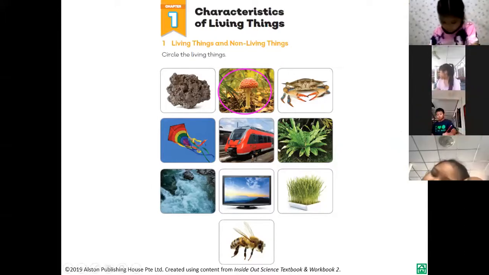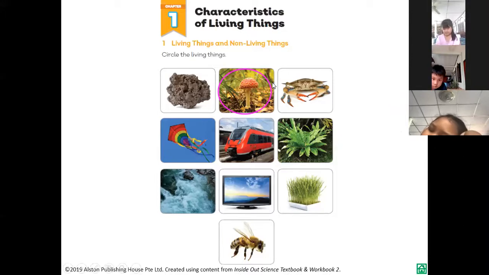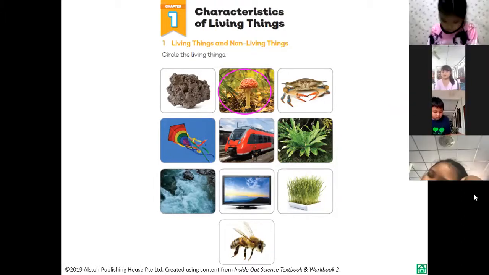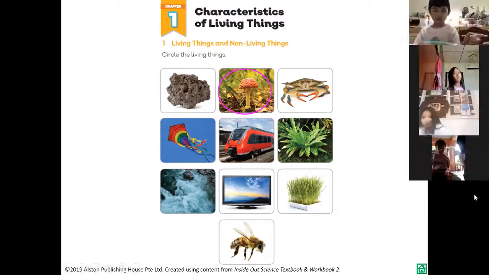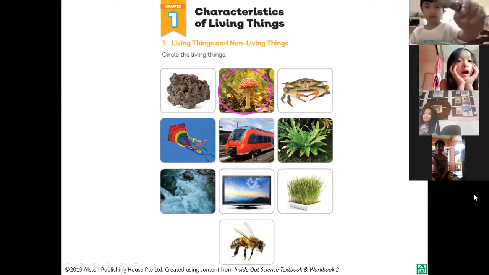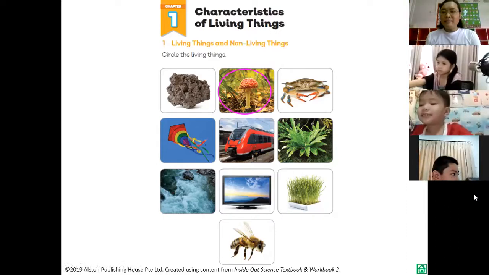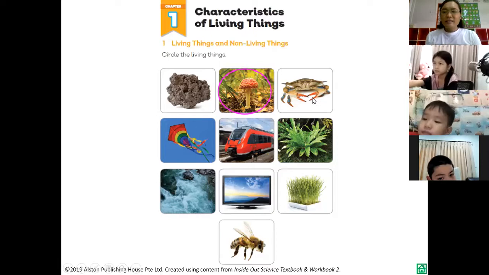Which one is a living thing? Ashita, which one is a living thing? Is crab a living thing, class? Yes or no?